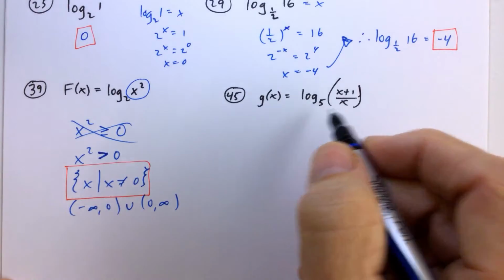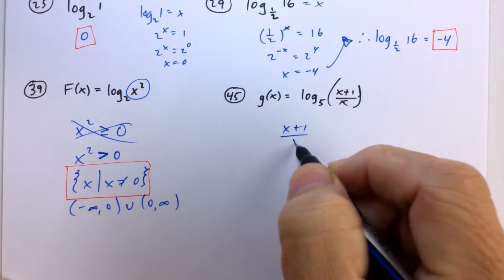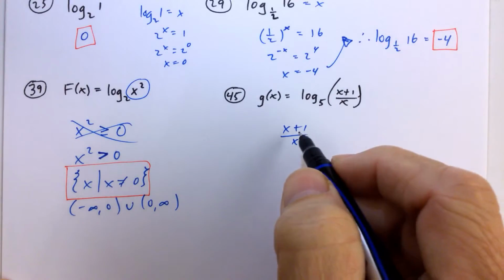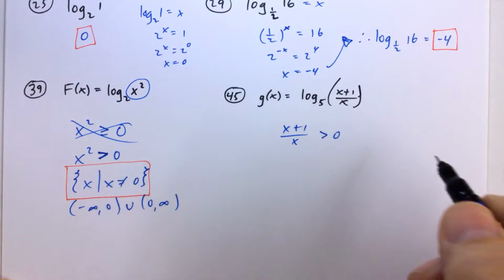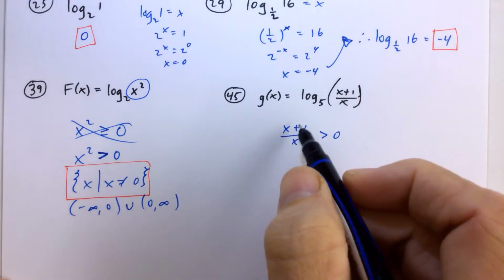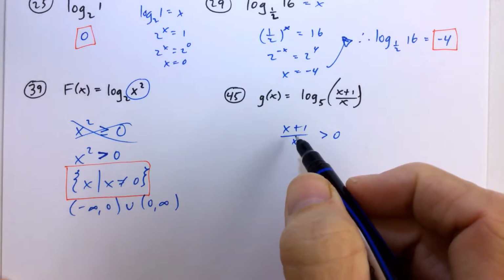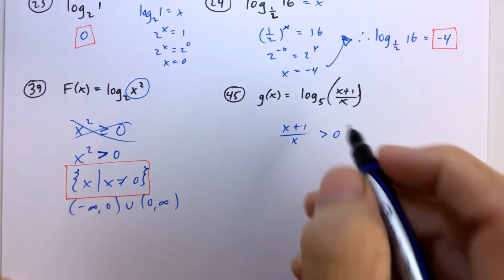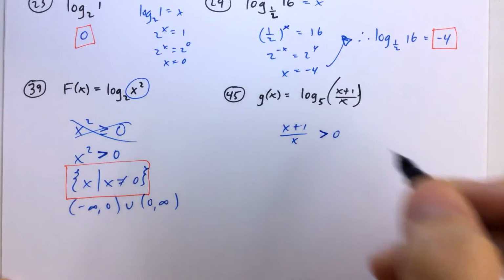In number 45, again, we always set up an inequality. Anytime we're trying to figure out the domain of a log function, just take the argument and set it greater than 0. Whatever you do for this, don't multiply through by x, because you're going to be changing the structure of the problem.